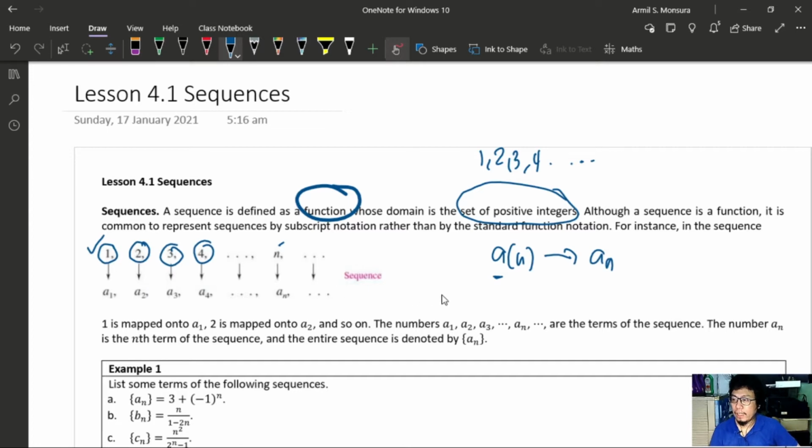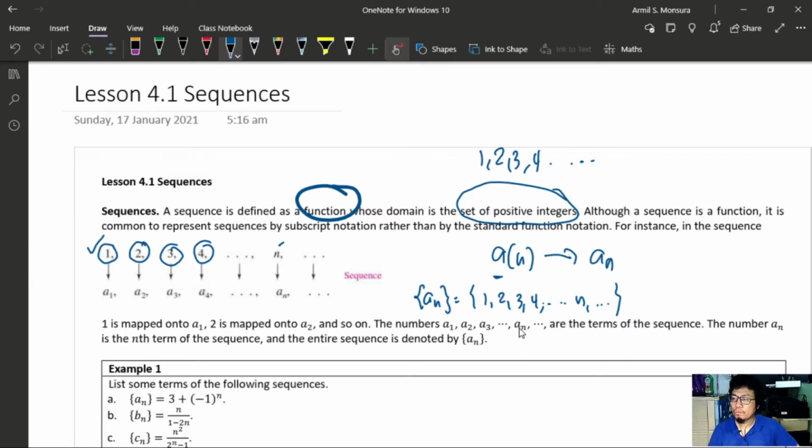So we can write your sequence in the following manner: a_n equals 1, 2, 3, 4 up to n, and so on.